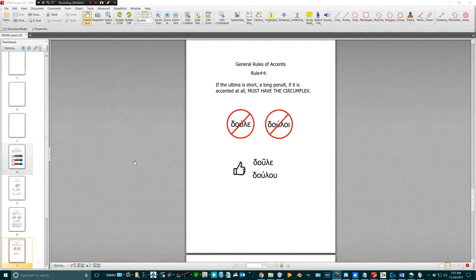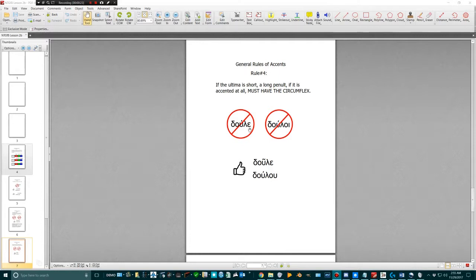Rule number 4 of the general rules of accents. If the ultima is short, a long penult, if it is accented at all, must have the circumflex. Couple examples here. We have the word douleu.